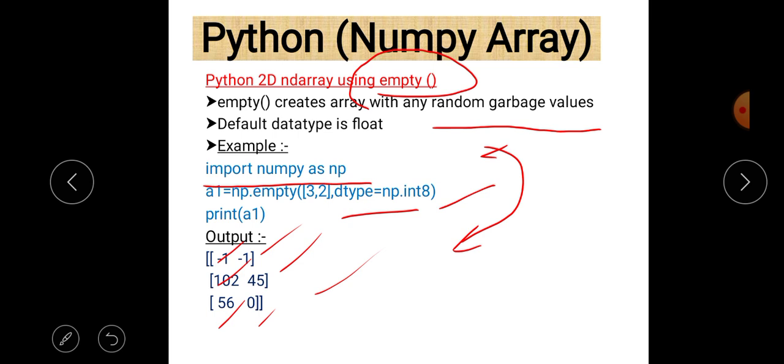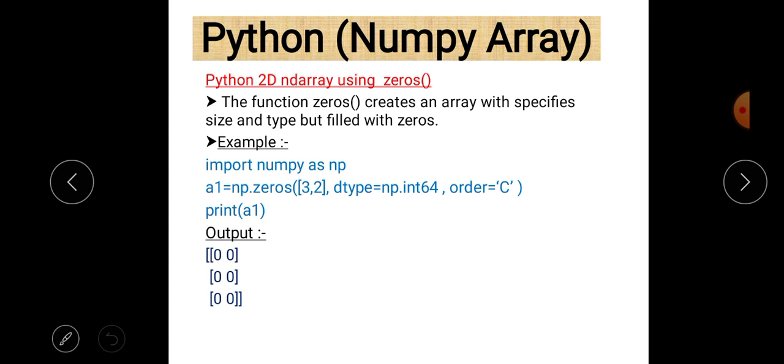Even if you run this program again and again, your answer will differ from the previous one. So the empty function creates a two-dimensional array which contains random garbage values. In the actual case, the value is not empty or null, but random garbage.